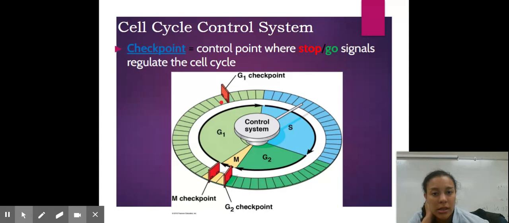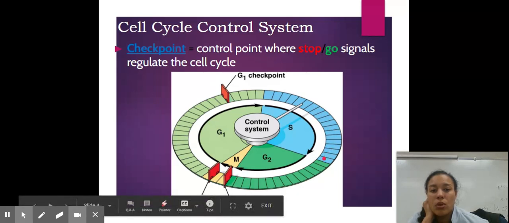And if there is, it'll hit stop and have some more proteins come on in and try to regulate that cell or fix any damage that went on. And if it's good to go, it'll go green light and we can continue on into the S phase where genetic material is replicated. And more growth happens in the G2 phase.